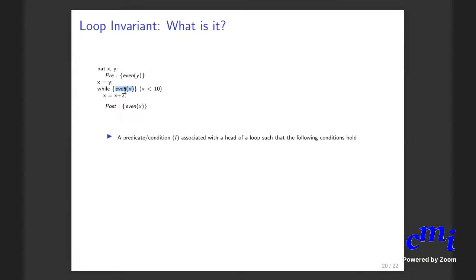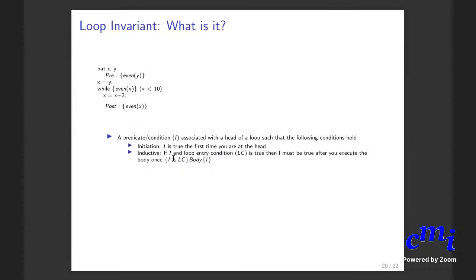After any number of iterations, if the condition holds at the head, and then you execute one more time, it'll hold. Such a condition is what is called a loop invariant. It's a property of a loop. The two conditions are initiation, that I should be true the first time you're at the head, which is true in this case, correct? And the inductive case.